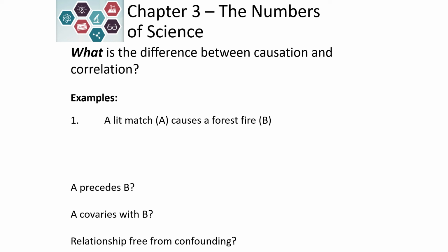Yes, a forest fire is more likely if a lit match is present. Is it free from confounding? We would need more evidence to show that the lit match caused the forest fire. There are other things that could potentially have caused it, like lightning or a stray cigarette.